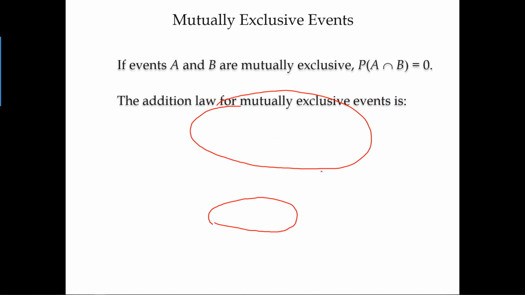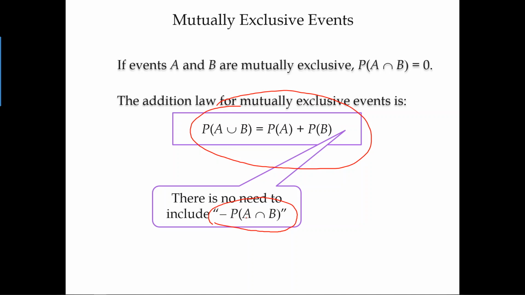So therefore we can ignore probability A intersection B. If you know the two events are mutually exclusive, then all you need to do is probability A plus probability B, and that will give you probability A union B. Okay, so this is the mutually exclusive event.